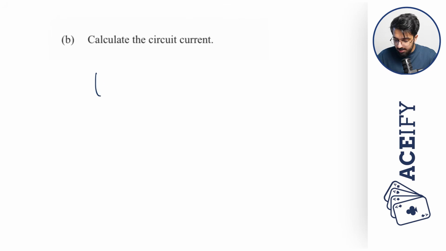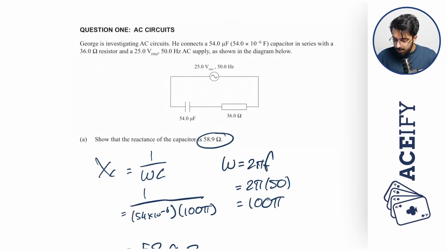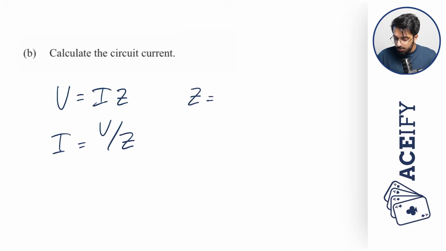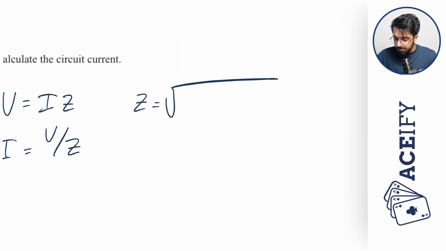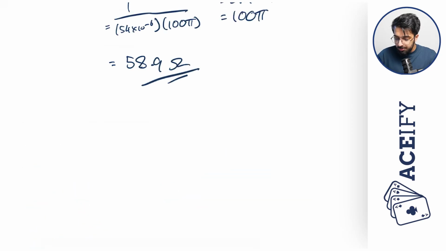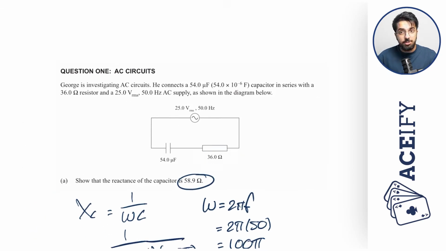Alright, we know that V is equal to IZ, and so the current in the circuit is going to equal the voltage divided by the total impedance. The voltage is given up here as 25 volt RMS. However, the total impedance is equal to the square root of the reactance of the capacitor squared plus the resistance squared. We just found the reactance of the capacitor as 58.9 ohms, and it says right here that the resistance of the resistor is 36 ohms.